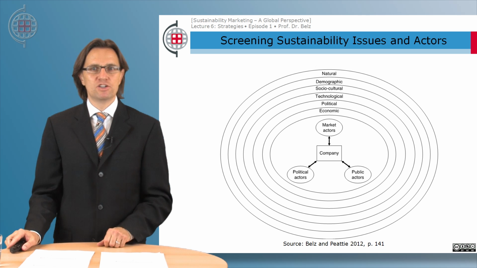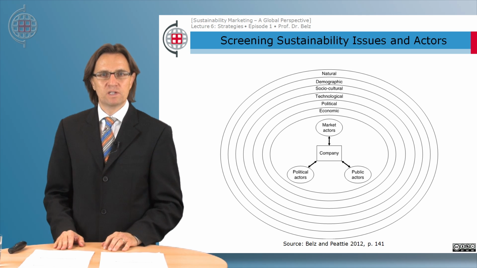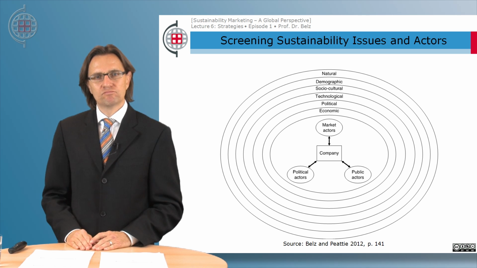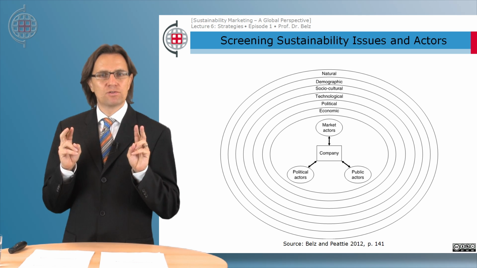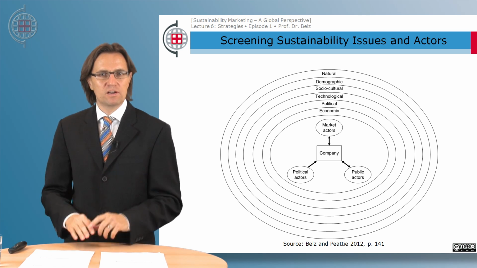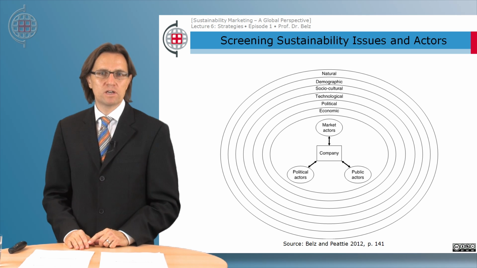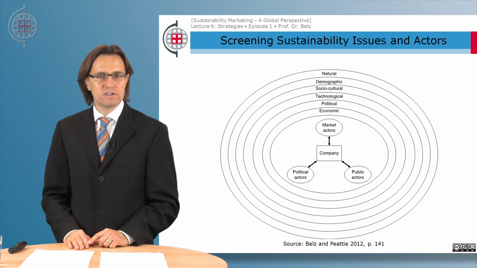Screening sustainability issues and actors. Here you see a kind of model. You see the company in the middle, and then you see the so-called micro-environment or the task environment, including market actors, political actors, and public actors.